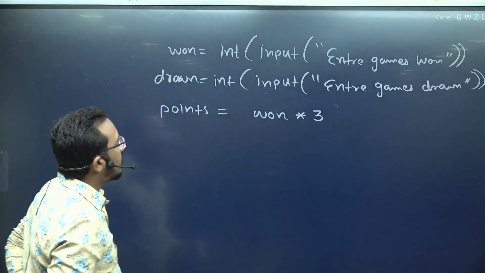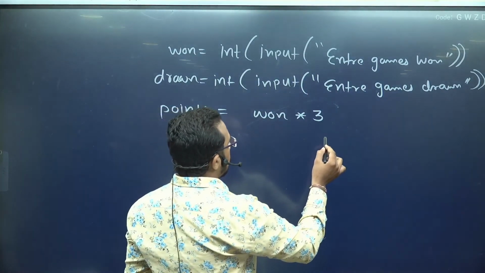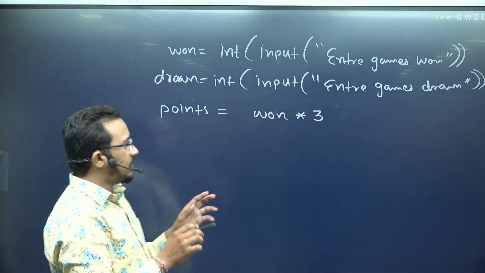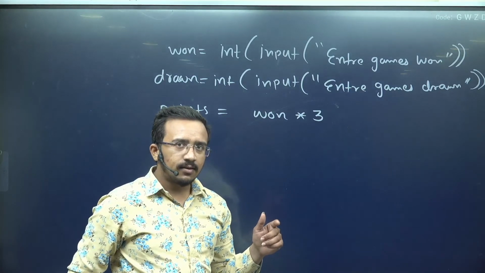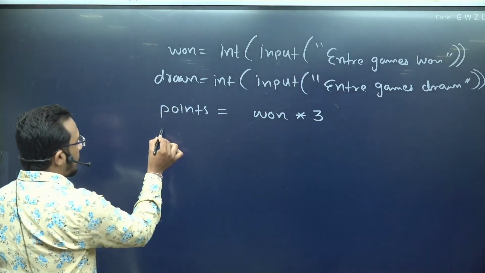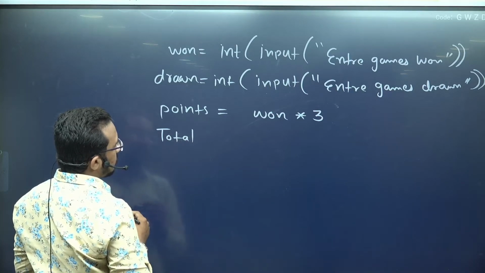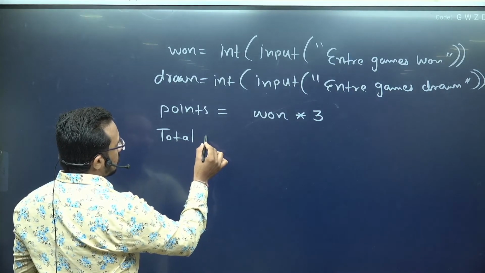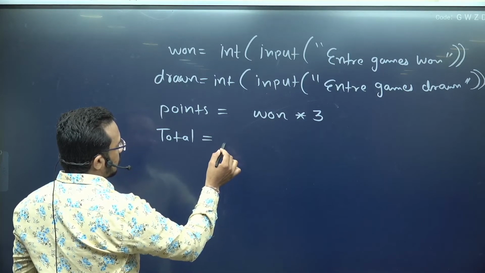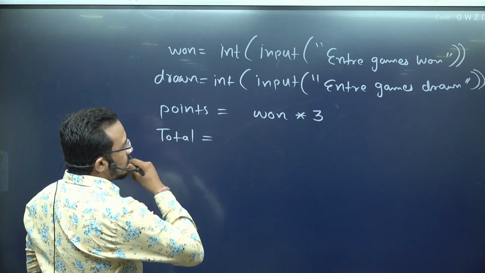Good. Then total on the next line. Total, lowercase t. Actually, it doesn't matter, but see, we have considered one game. So suppose the user inputs 3, then 3 marks will be there.